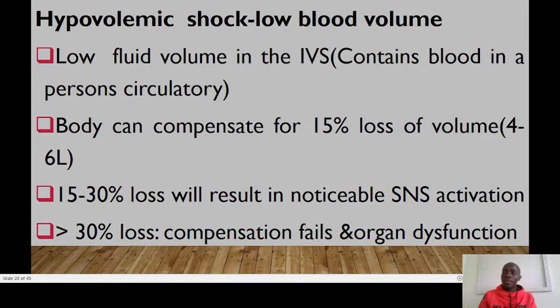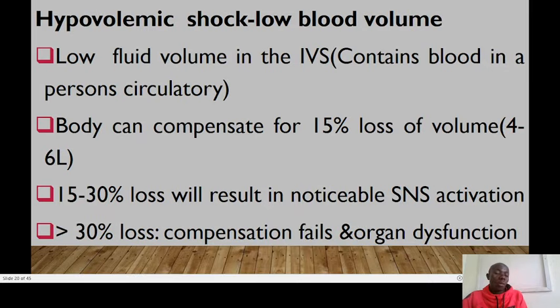So we have the hypovolemic shock. Low blood volume is a major problem. The low fluid in the intravascular space is what contributes to this. Remember, the body can compensate for 15% of loss. And 15% of 4 to 6 liters is what?